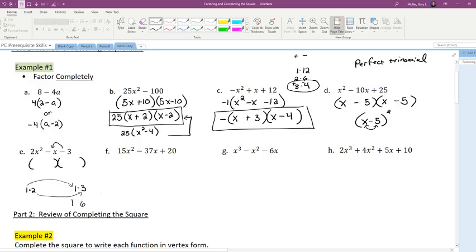That does not subtract to be a 1. So that didn't work. So now I'm going to reverse it, and I'm going to try doing the 1 times the 3 and the 2 times the 1, and those do have a difference of negative 1. So now I know that it works, and I know the right combination.